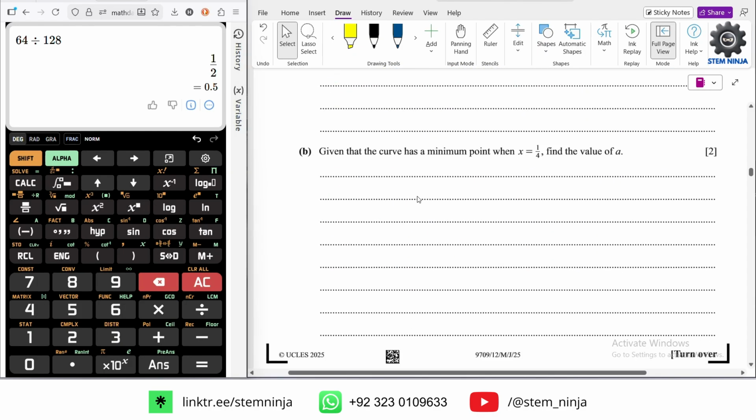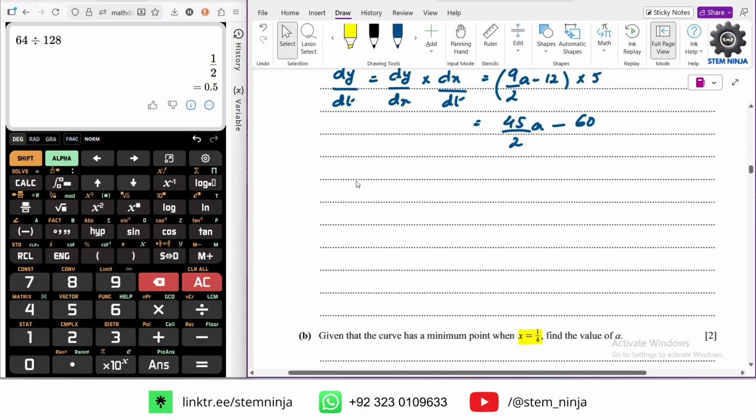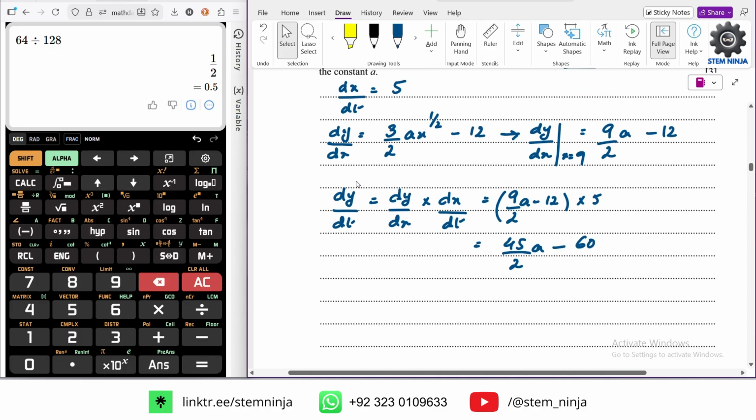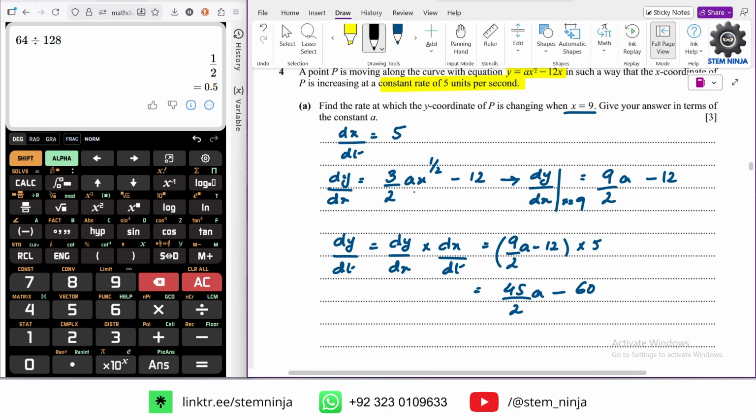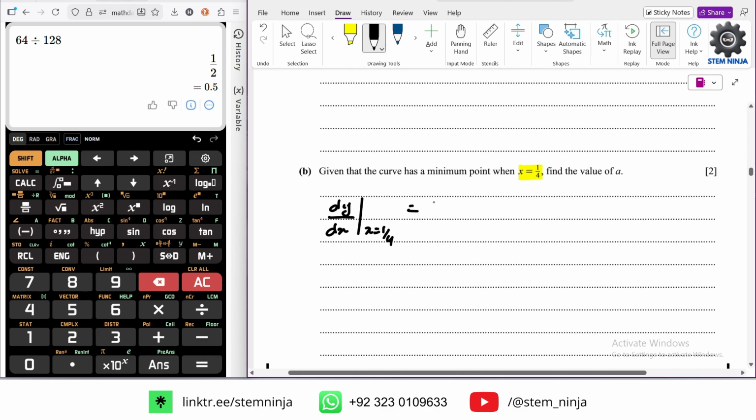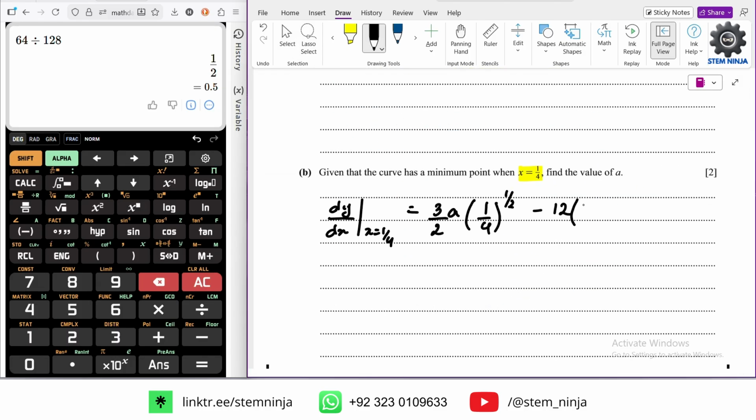Okay. Given that the curve has a minimum point when x is equal to 1 over 4, find the value of a. Okay, so dy by dx at the minimum point. So dy by dx at x equals 1 over 4, where the function was this thing, 3 over 2 a x raised to power 1 over 2 minus 12. Wait, sorry, minus 12, right? Yeah, only minus 12.